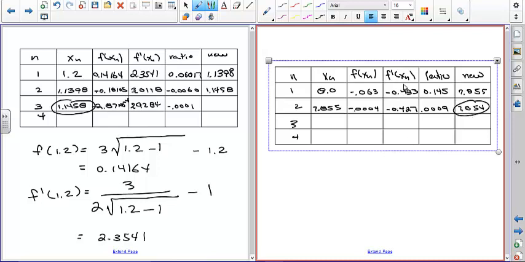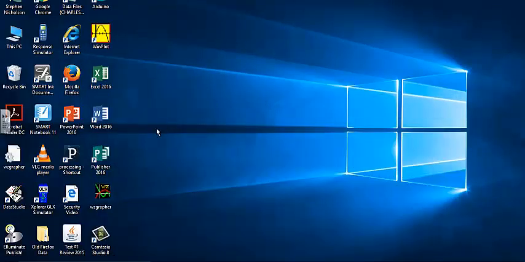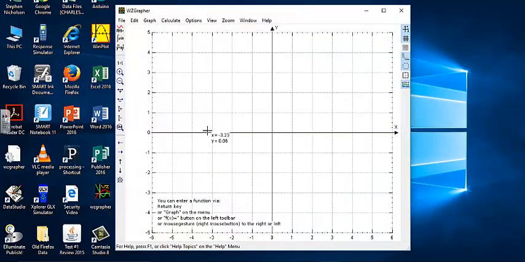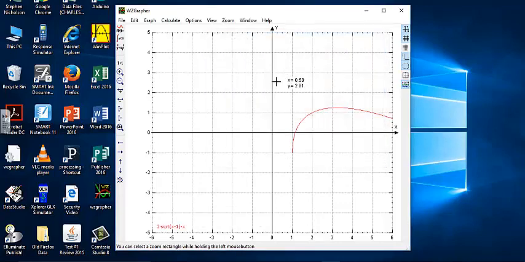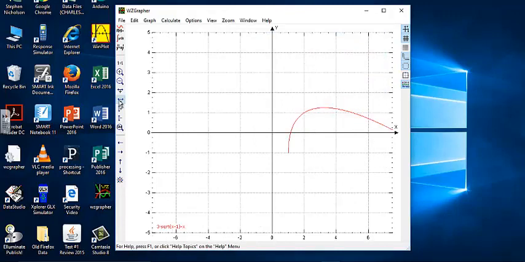So let's plot this function and just show you how good we are at predicting the intercept. So the function was 3 times square root of x minus 1 minus x, and if we plot that, it looks like that. And we've got to zoom out a little bit in the x direction.